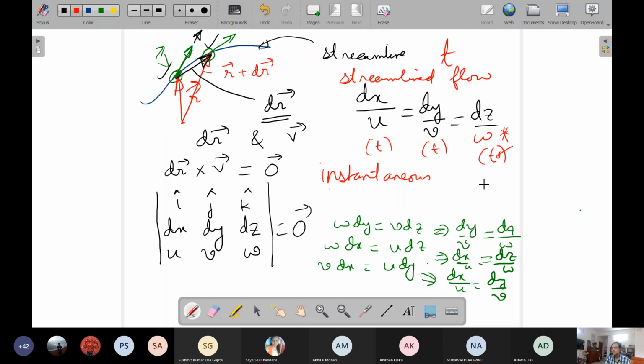So what it means essentially is the fact that all flows have streamline, but all flows are not actually called a streamline flow. The flows where streamlines are very prominent and regular and maybe well aligned.